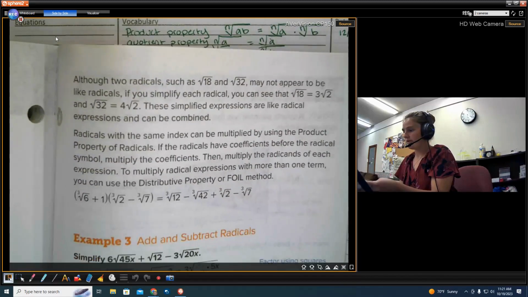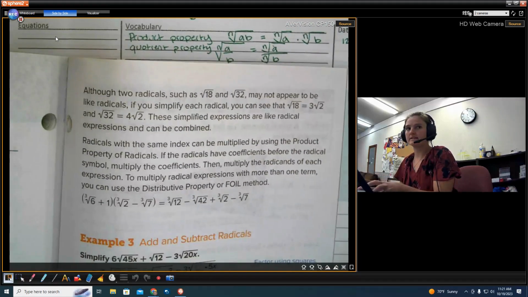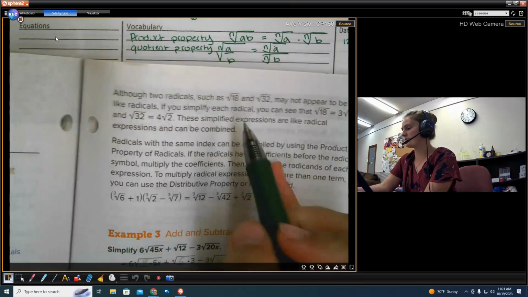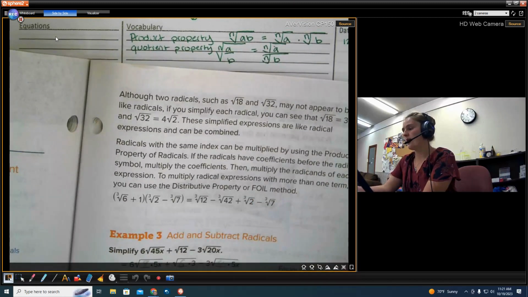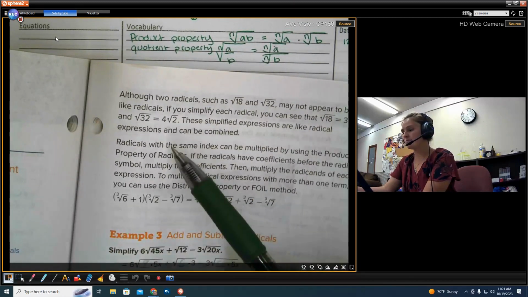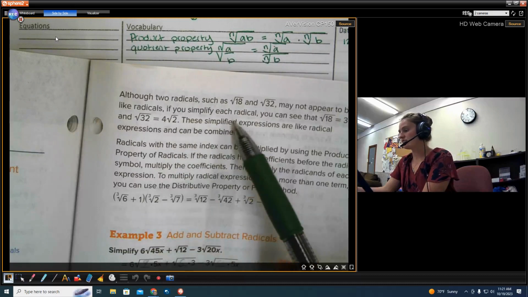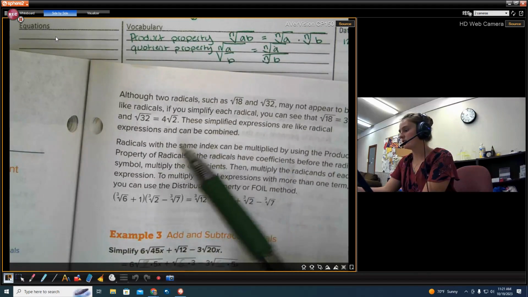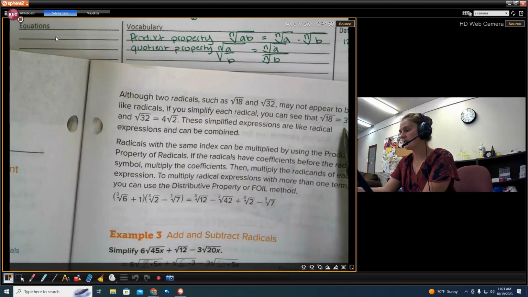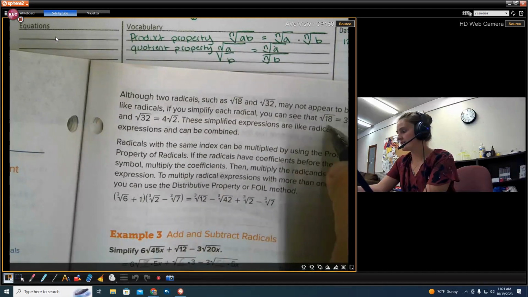So if we come up here, it says, although two radicals such as square root 18 and square root 32 may not appear to be the same radical, if you simplify each radical, you can see that radical 18 is 3 radical 2. Again, this is done by our factor tree. So we take out a 9 and a 2, and this would be a 3 and a 3.